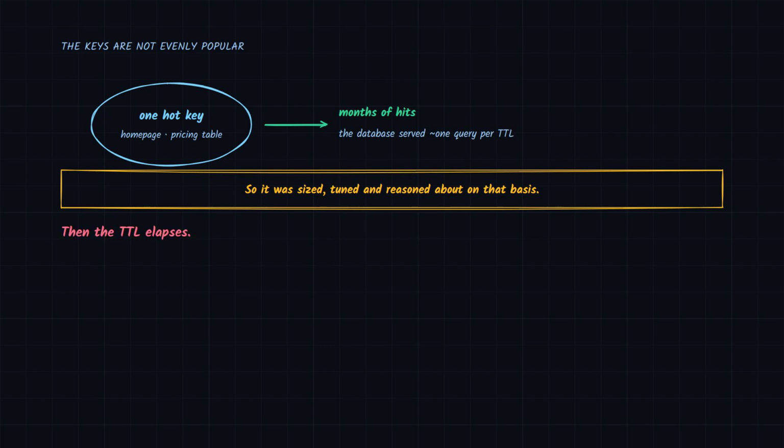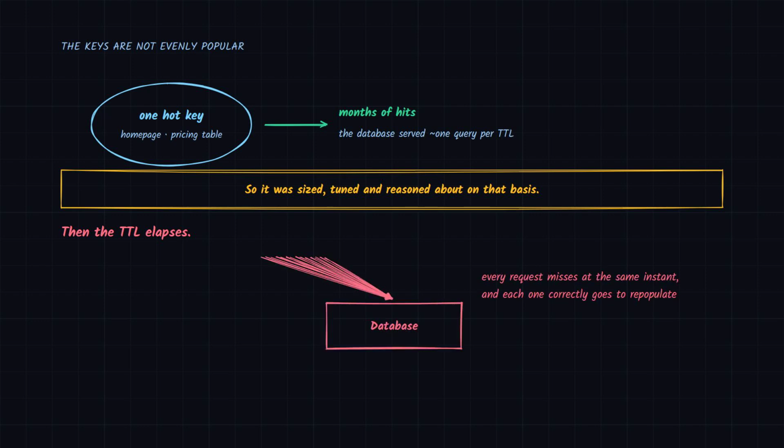Then the TTL elapses. Every request in flight misses at the same instant, and each one does the correct thing. It goes to the database to repopulate. The database now receives, in one burst, the traffic the cache had been absorbing all along.